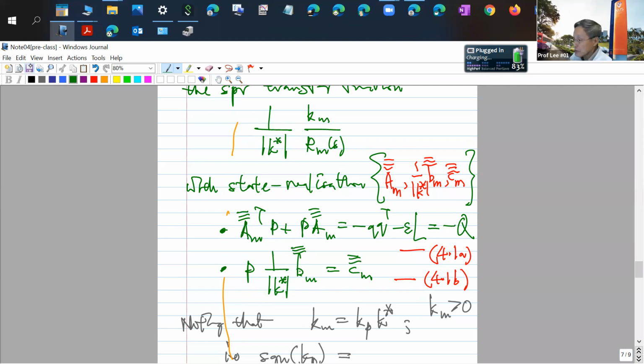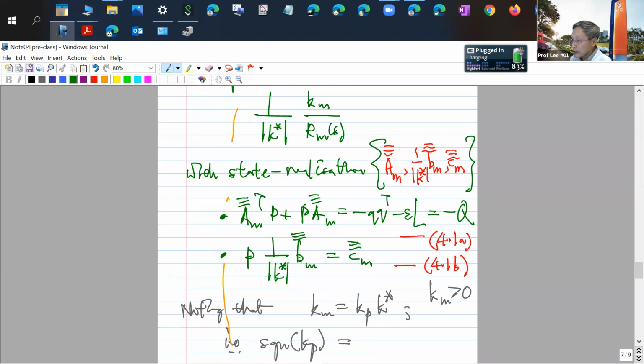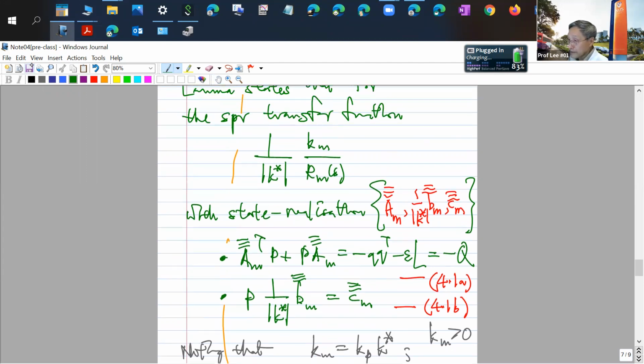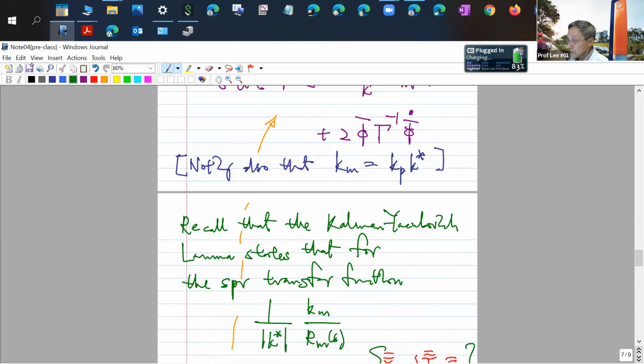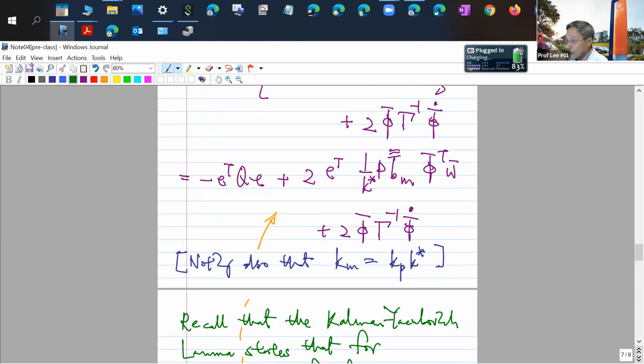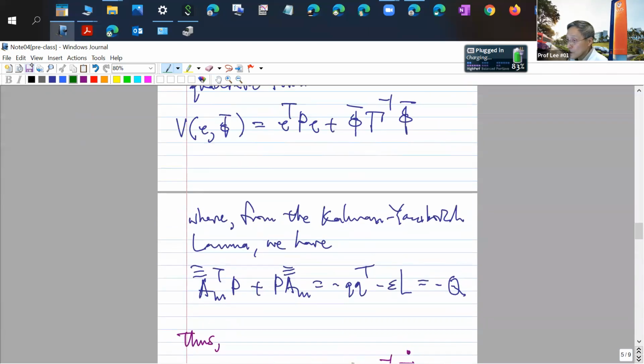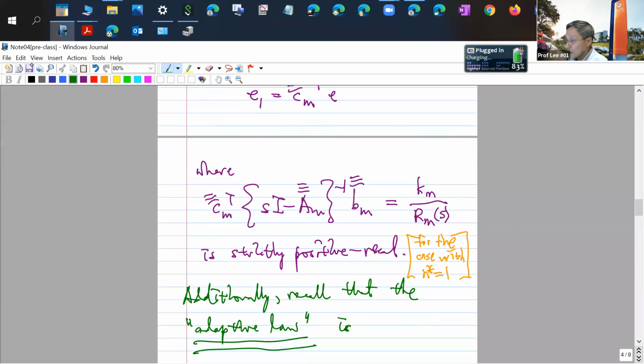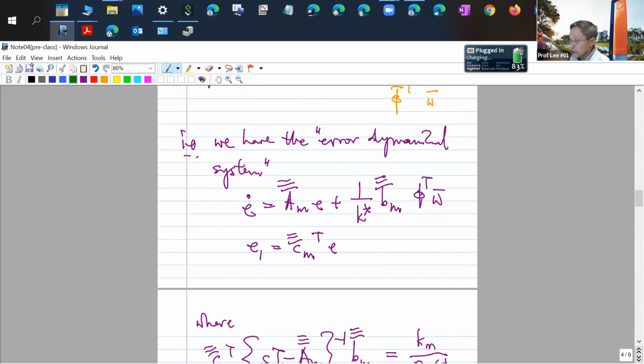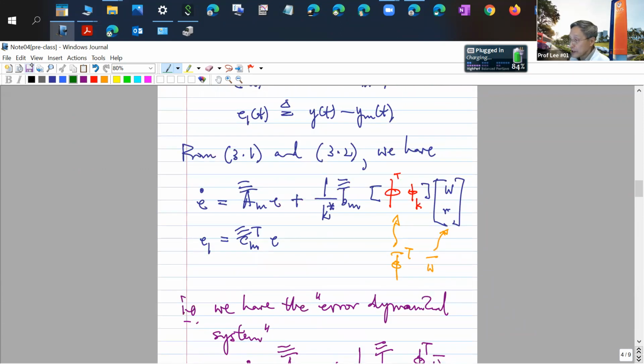Okay, so remember that there's a second part in the Kalman-Yakubovich lemma. Now that you have this, remember what we have with the perfect control gains.